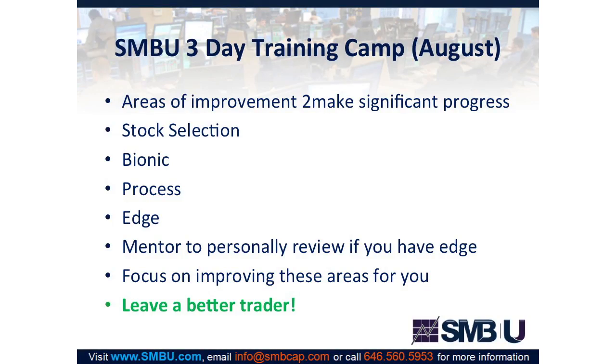So we have a 3-day training camp coming up, and we're going to talk about, for developing traders, for retail traders, 5 areas where we see traders can make the most progress, and that in these 5 areas, you can go from consistently negative to consistently profitable by getting better at these 5 areas.